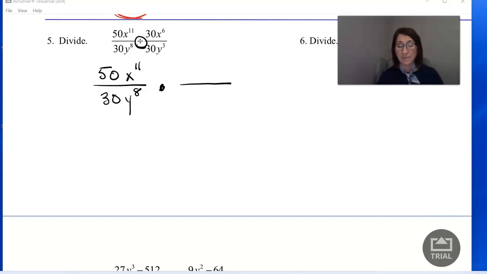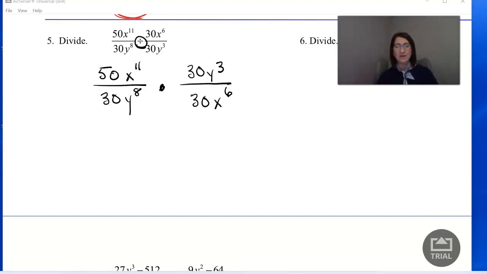Then we're going to flip the second rational expression. So we bring the 30y cubed to the top and the 30x to the 6th to the bottom. So I didn't try and reduce anything or factor anything while I was prepping.